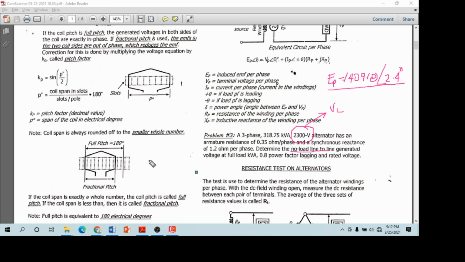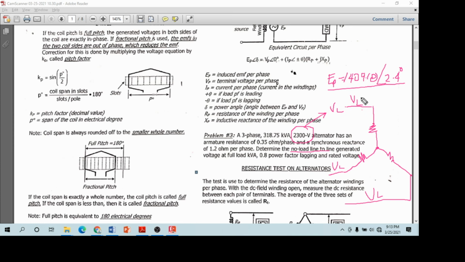So remember, our load is also three-phase, for example, a three-phase Y configuration. So this is your VL. When the load is activated, that 2,300 is our VL, that is rated at full load when loaded.